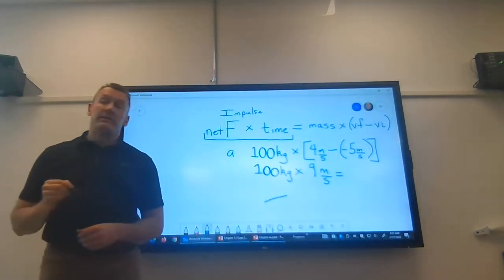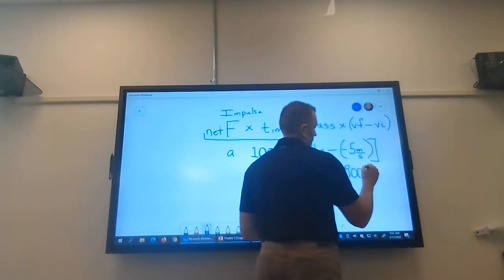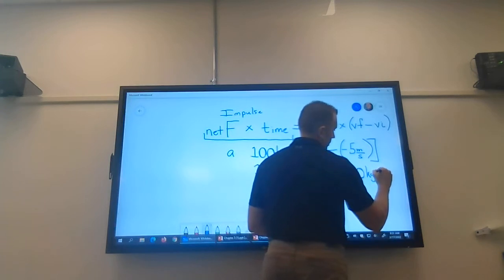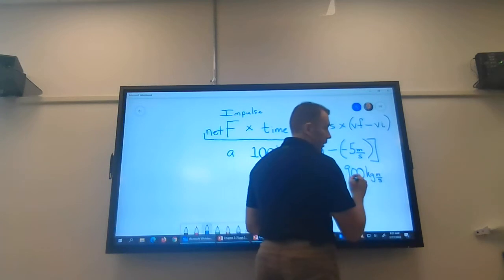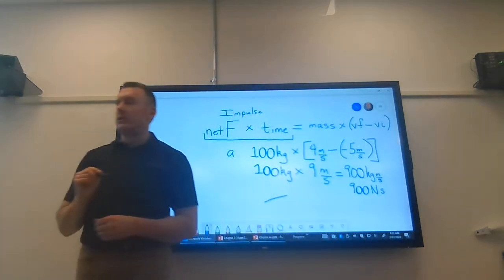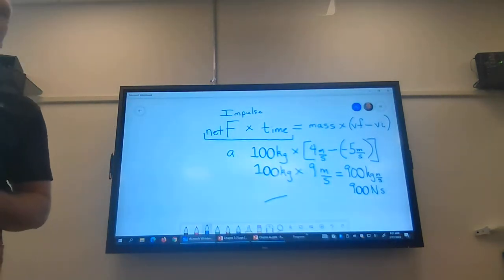So we get 900 kilogram meters per second. Another way of writing that is 900 Newton seconds. 900 Newton seconds is another way of expressing that.